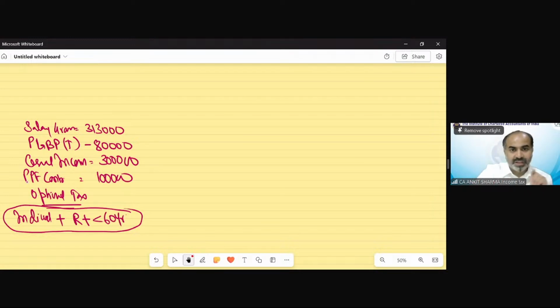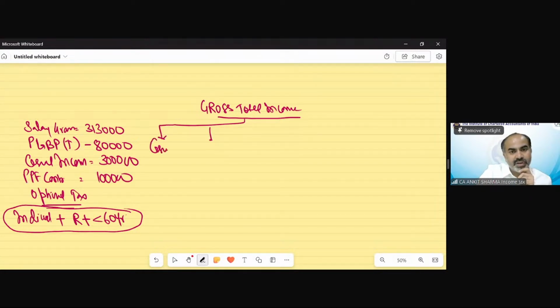As I always ask you, kindly always write it down whenever there is a tax question: gross total income. So in this example, you have to find out your gross total income under different categories, that is casual income. No other special rate of income except casual. Now we have only salary income, PGBP, casual income or PPF contribution.